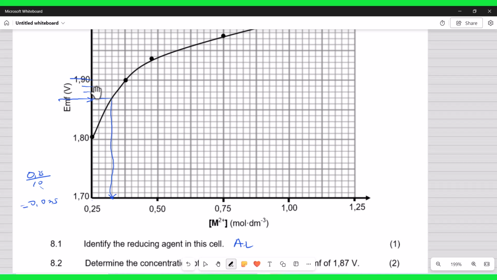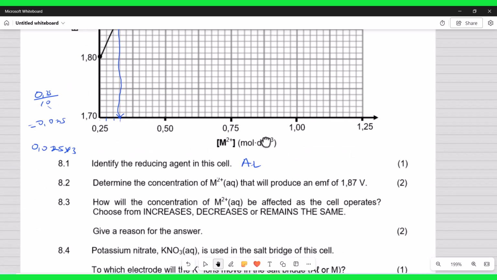Where we have stopped, this is 1, 2, 3. So our answer is going to be 0,025 multiplied by 3, because there are three smallest squares. So what we get here is 0,075. So our answer is 0,075.